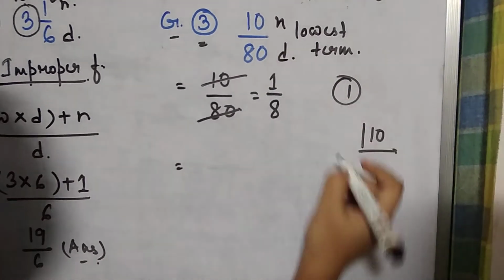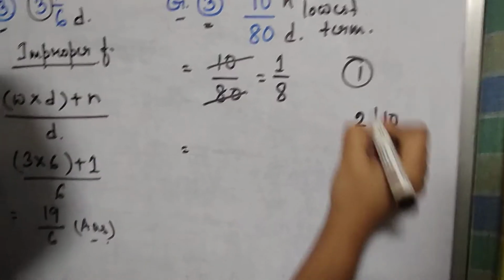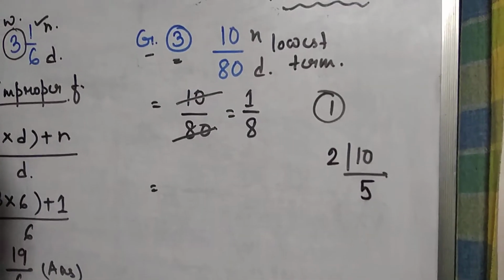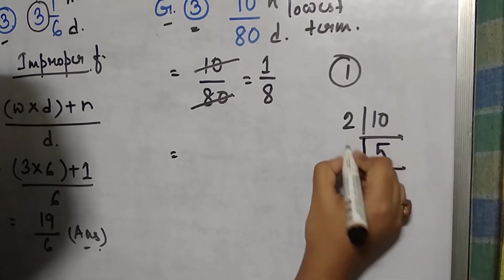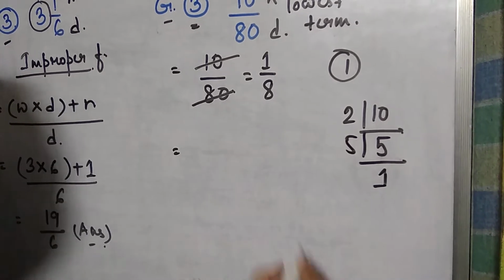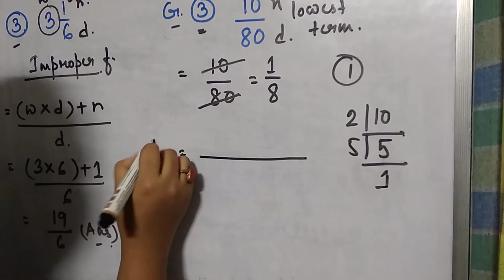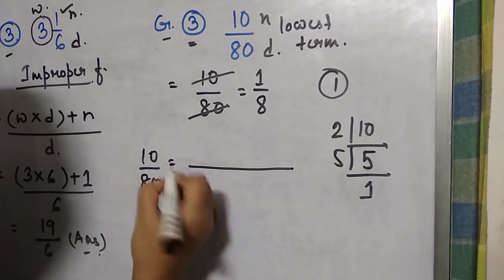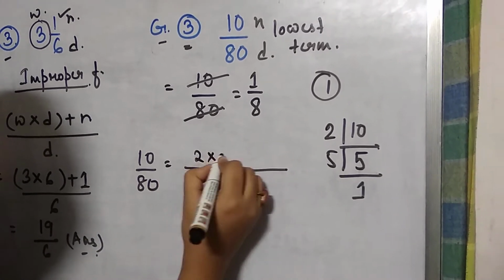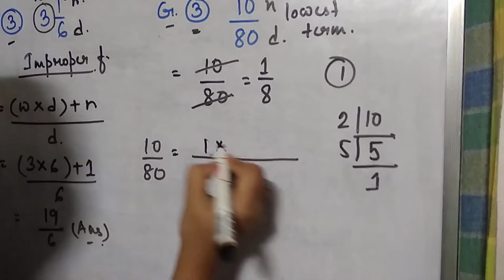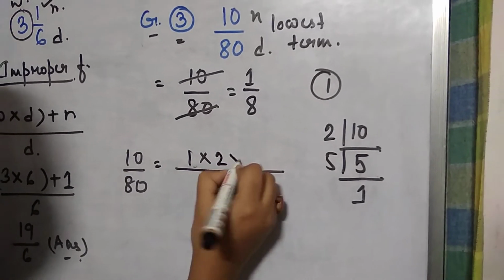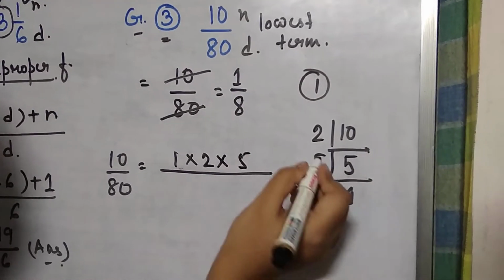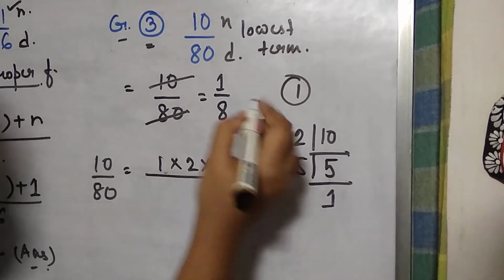So what are the factors of the numerator? 2 5s are 10 and 5 1s are 5. So first we will write 10 by 80 equal to 1 into 2 into 5, in ascending order.